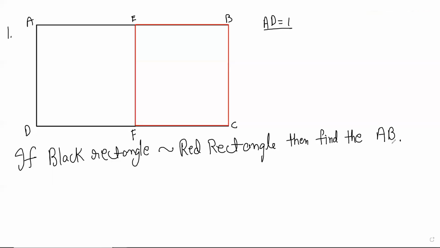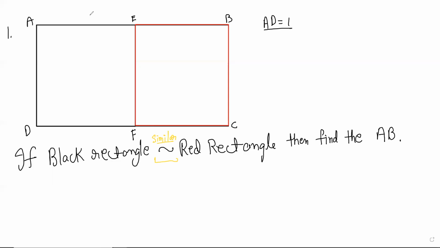So has anybody tried this? Not to ask all of you, but has anyone tried this so far? No. Okay. So first, what should similar mean in this case? So everybody knows similarity of triangles, right?